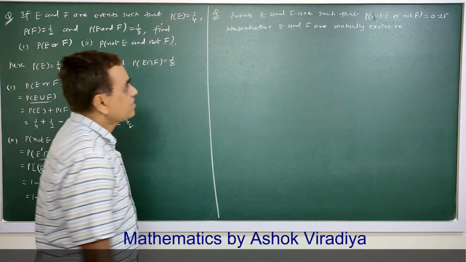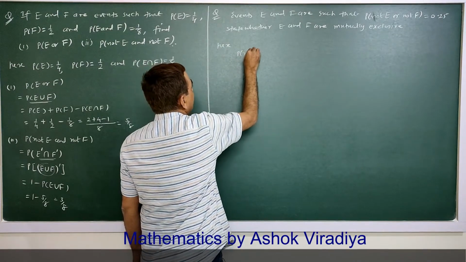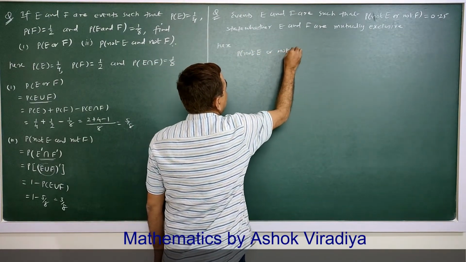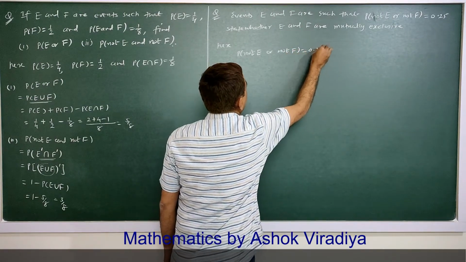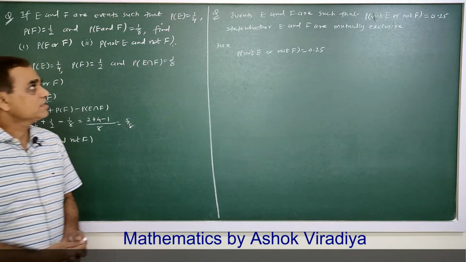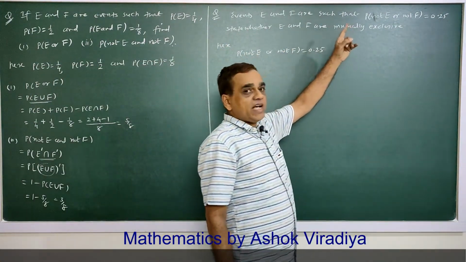Now in this question, it is given that the probability of not E or not F is 0.25. State whether E and F are mutually exclusive.